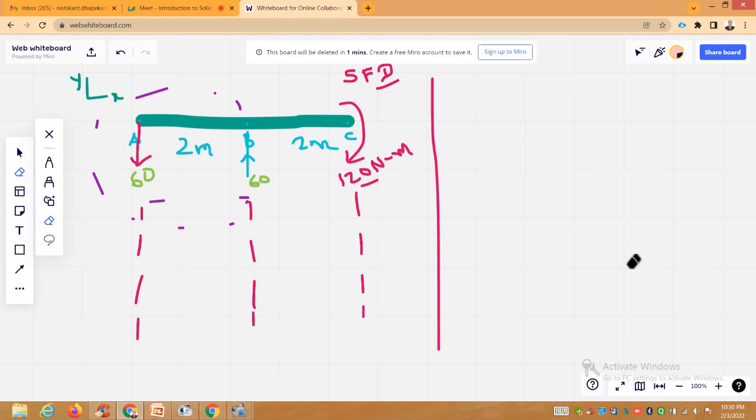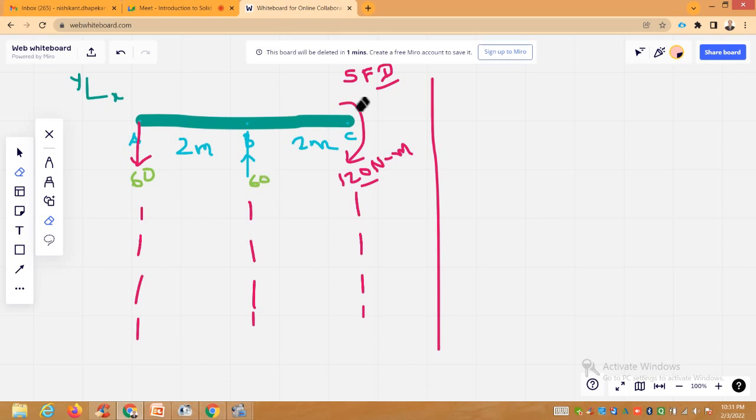Few other methods have to be employed in order to determine the shear force and bending moment diagram. That you have to do by other methods. So note this, whatever we are plotting here, shear force and bending moment diagram, it is for the determinate structures only.